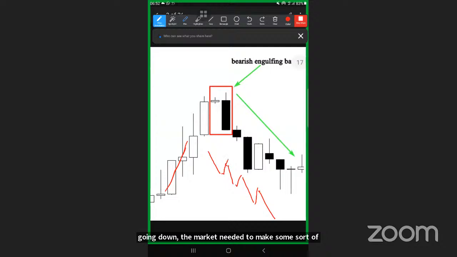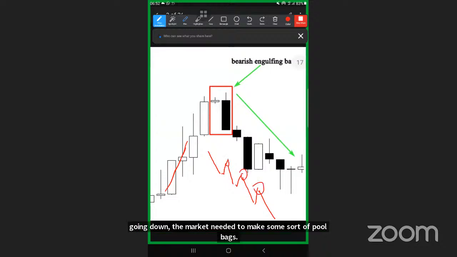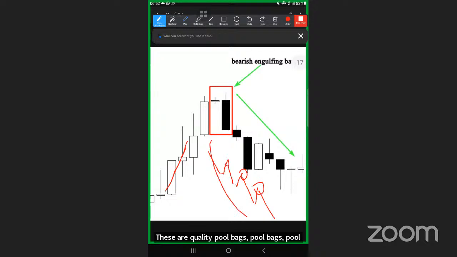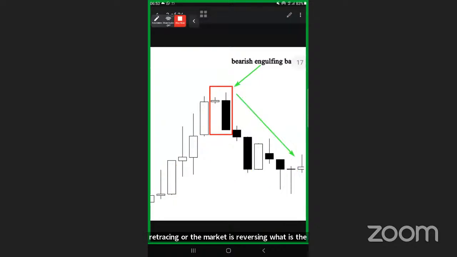These are called pullbacks. So this is what we call retracement. But when the market goes up, touches resistance, and comes back down to support, then we call this a reversal. So don't confuse the two. What is the difference between the market retracing and the market reversing? That is the bearish engulfing bar chart pattern.